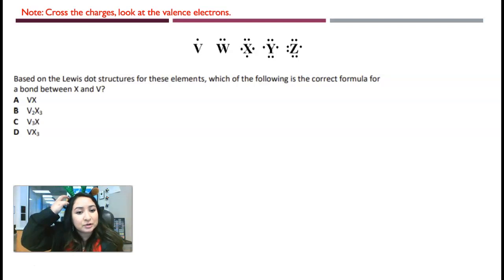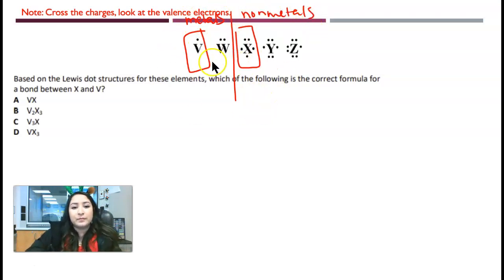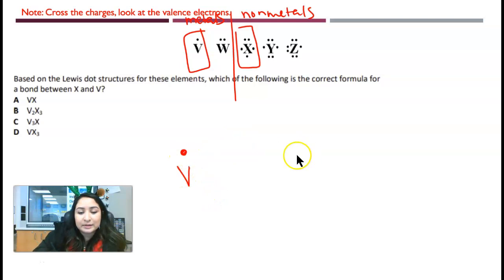Based on the Lewis dot structure for these elements, which of the following is the correct formula for a bond between X and V? If we look at X and V, remember these two were your metals. These over here are your nonmetals. So we're going to have V and X. V has 1 valence electron.